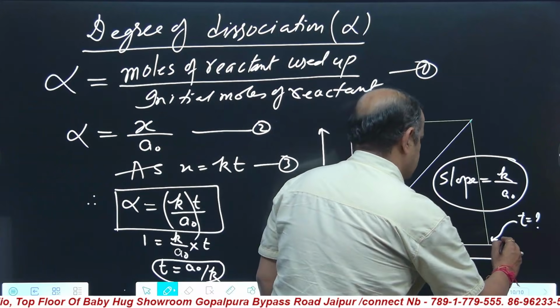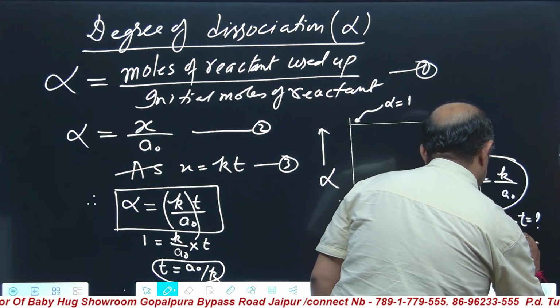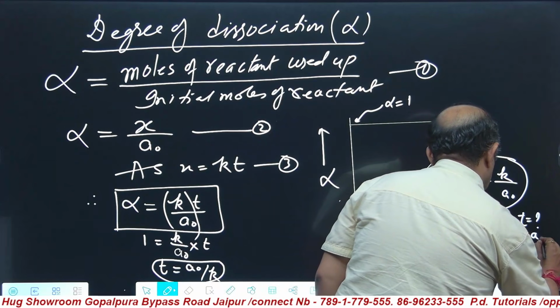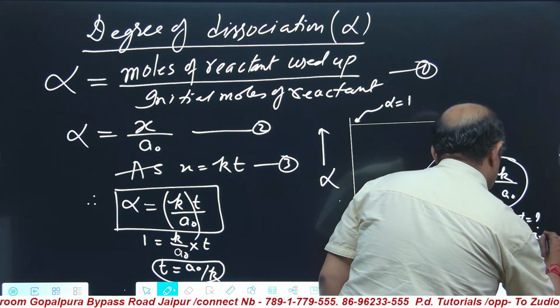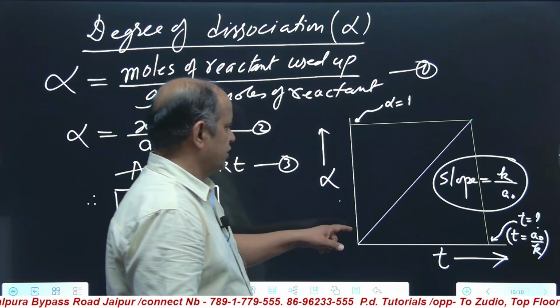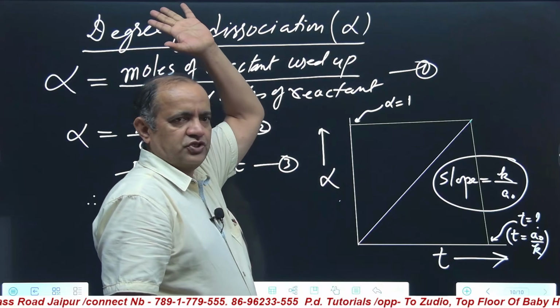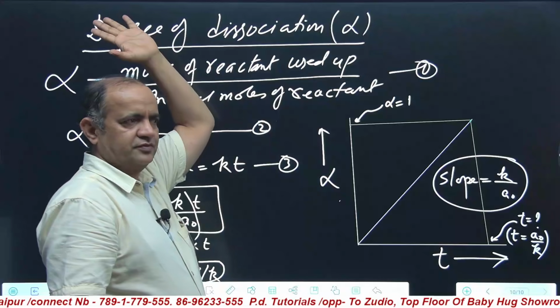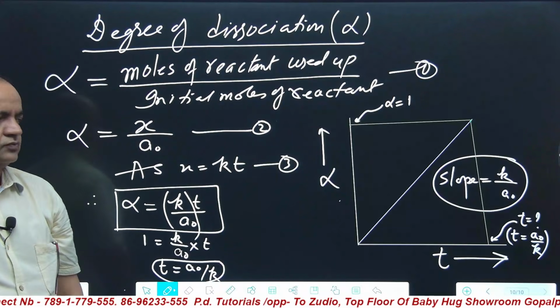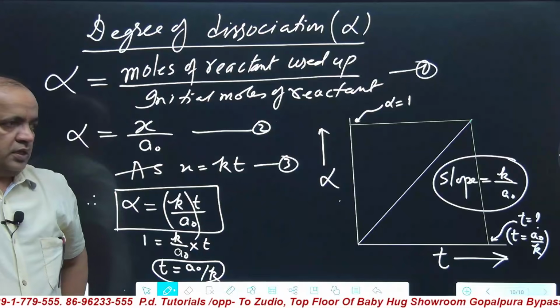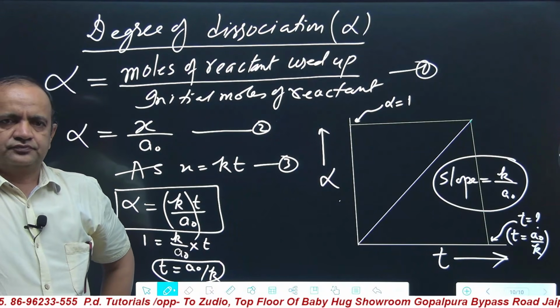So t equals to a naught by k. This is the lifetime in which 100% dissociation of the reactant takes place. Any query to anybody?